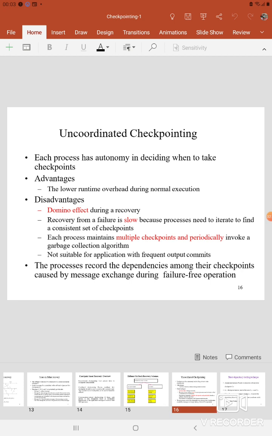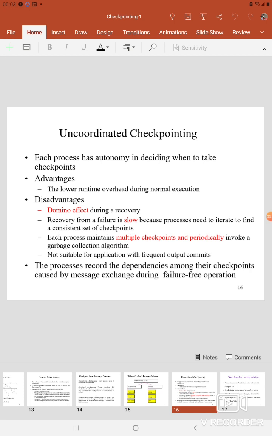The other one is that recovery from a failure is a slow process because the processes need to iterate to find a consistent set of checkpoints. We have so many checkpoints, so you have to iterate through all of them to find a consistent checkpoint.